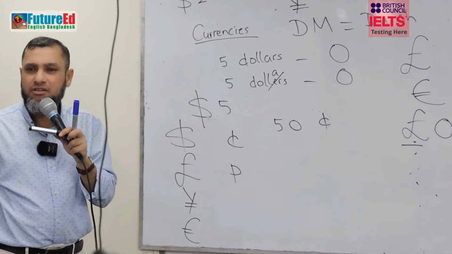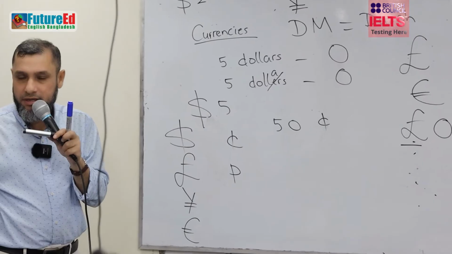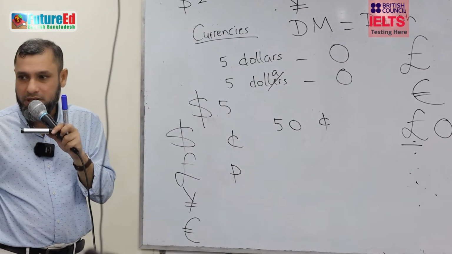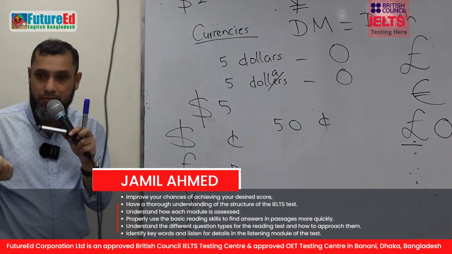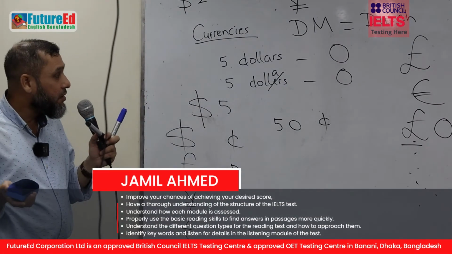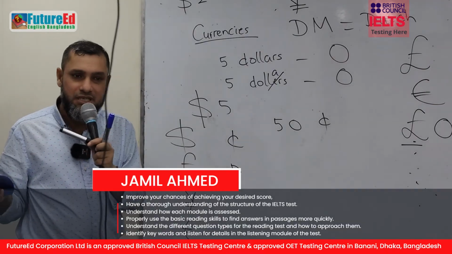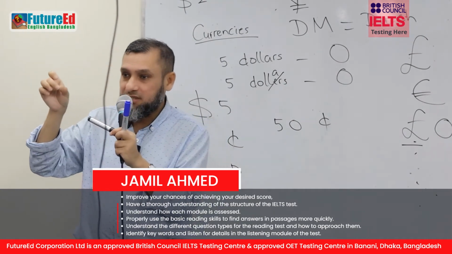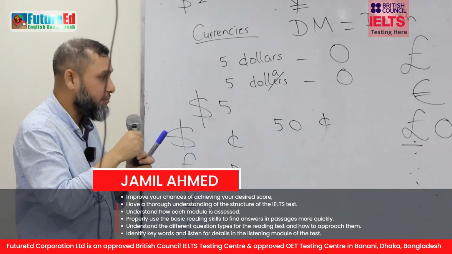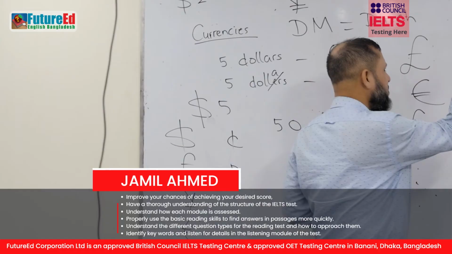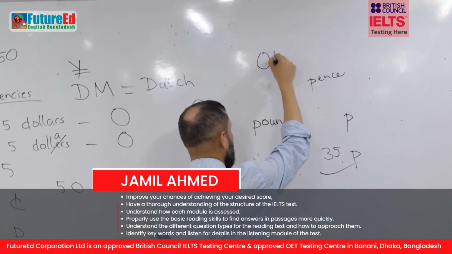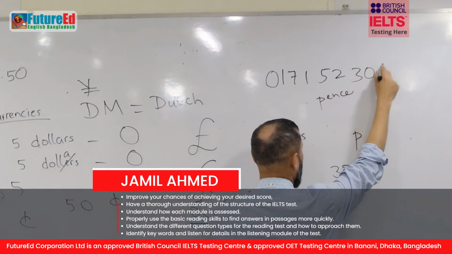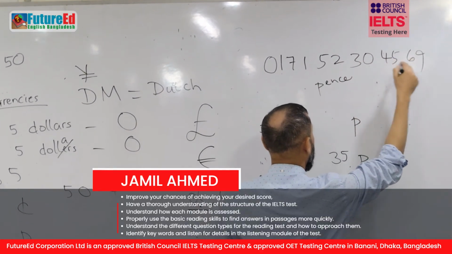So we've learned how to write dates and currencies. By the way, when it comes to other numbers such as telephone numbers, mobile numbers, car registration numbers, etc., native speakers of English usually break the number into groups of digits. For example, someone's number is 01715230456 9.